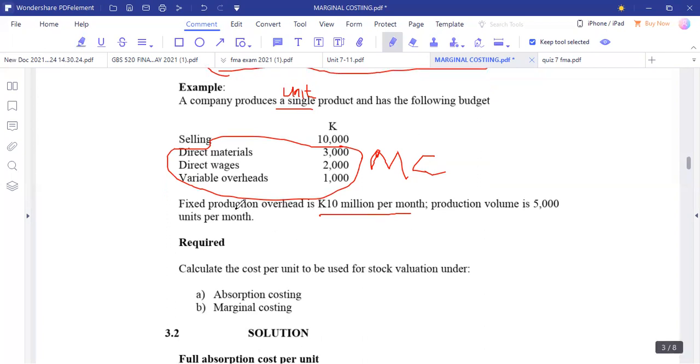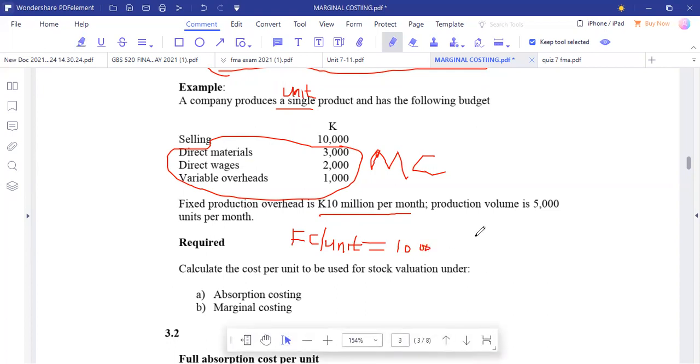Now we can get into the fixed production overhead, which is 10 million. So the fixed cost per unit is going to be equal to 10 million, which we have here, divided by how many units we've produced in that month.